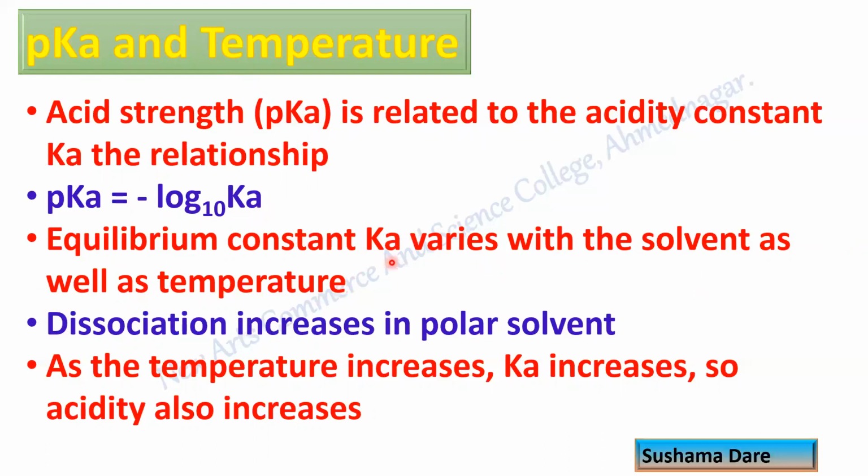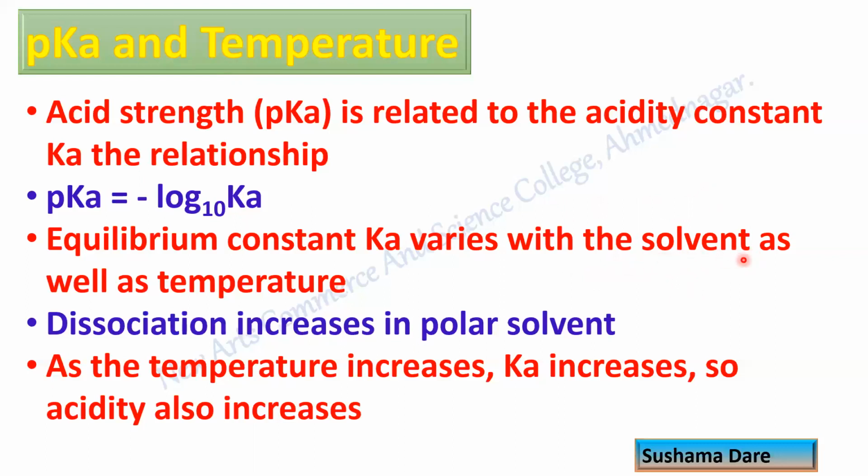So how is the relation? Whenever you show a dissociation, there is always a formation of a conjugate base and conjugate acid. As you know, the conjugate base has a negative charge, and the conjugate acid has a positive charge. So these two are ionic structures. For the stability of these ionic structures, you need a solvent. And for the dissociation of acid, generally we need a polar solvent. So what is the role of the polar solvent?